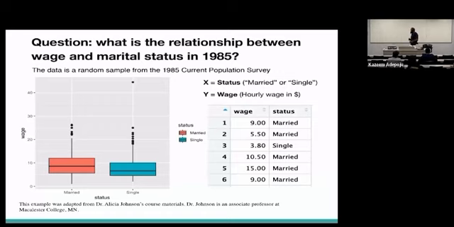Now, let us look at this research question. What is the relationship between wage and marital status in 1985? The marital status here is categorical. The wage is continuous. The wage is dependent, right?